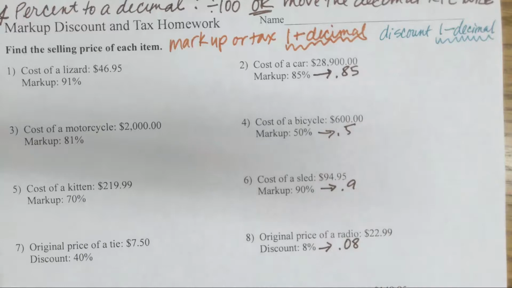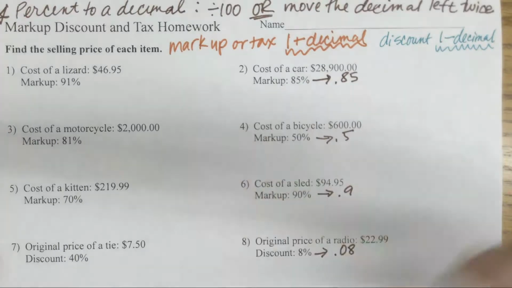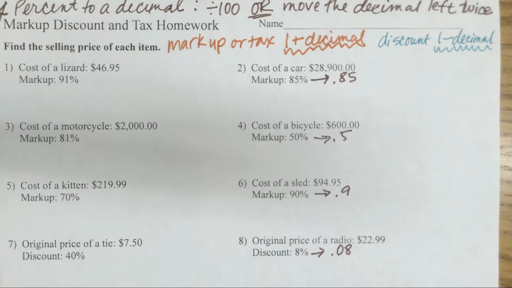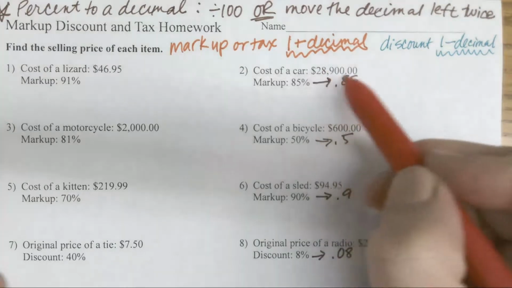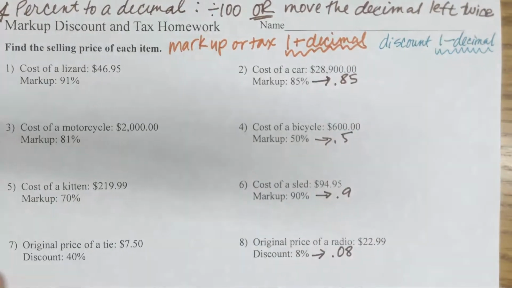For example, a car company will buy a car for $28,900, but they mark it up 85%, which means that you are actually paying 185% of the actual cost of the car, more than they bought it for, which makes sense because they need to make a profit.